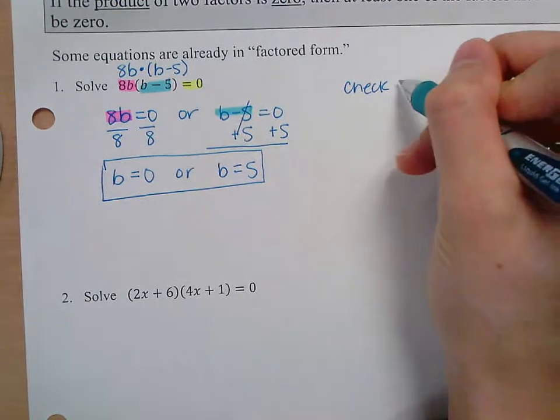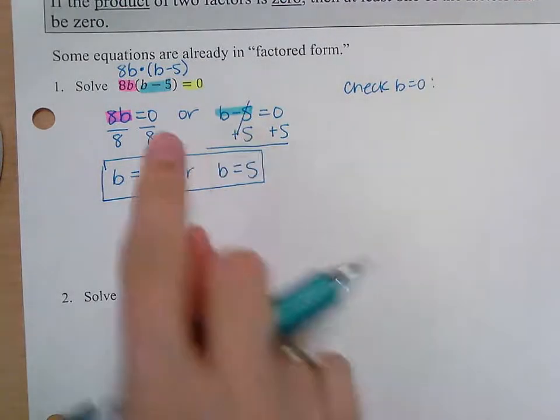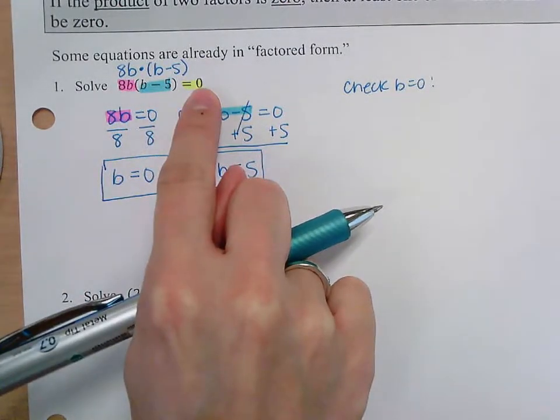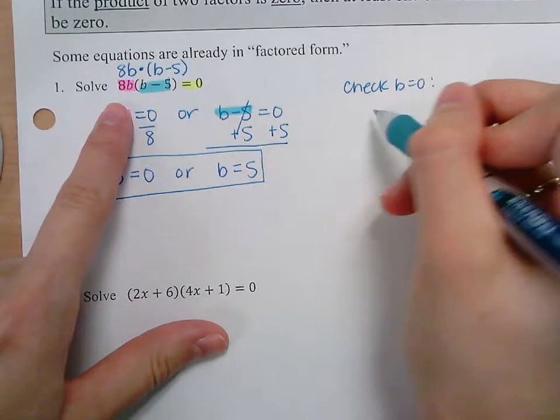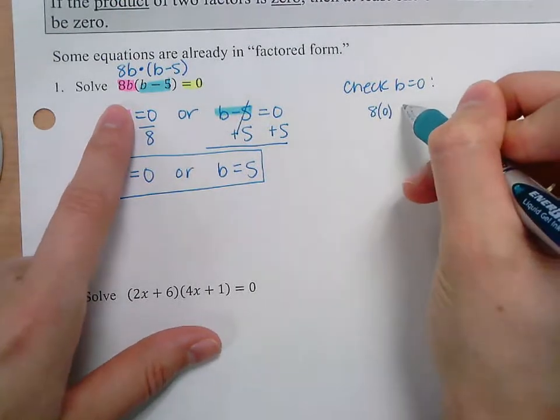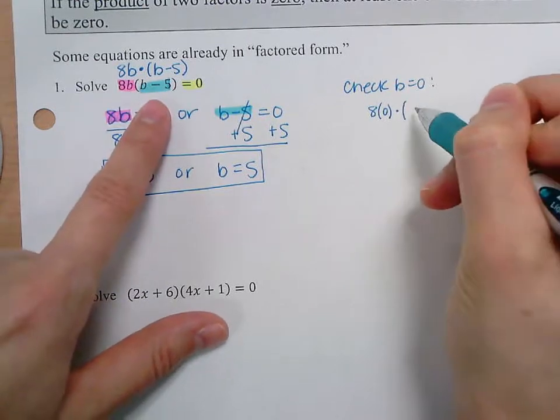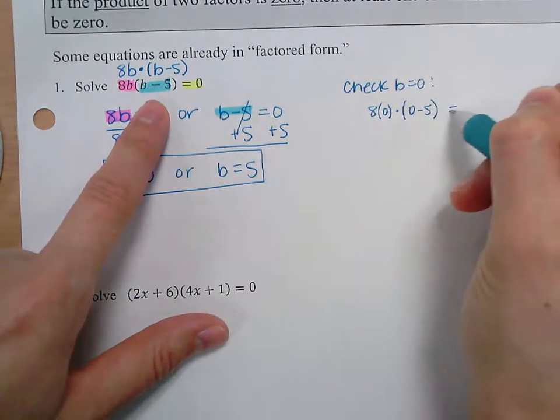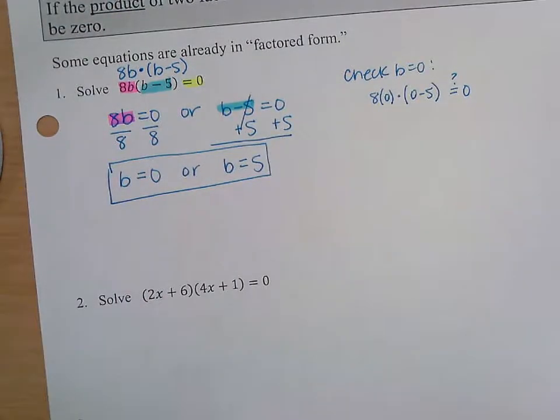So if I were to check b equals 0, I plug it back into the original equation. So I would have 8 times 0, and then times, in parentheses, 0 minus 5, and I want to know, does that equal 0?